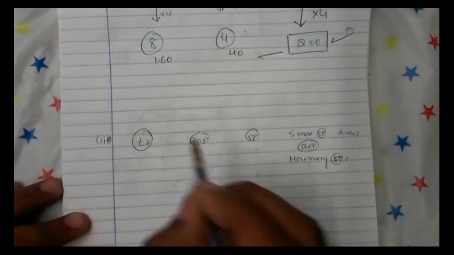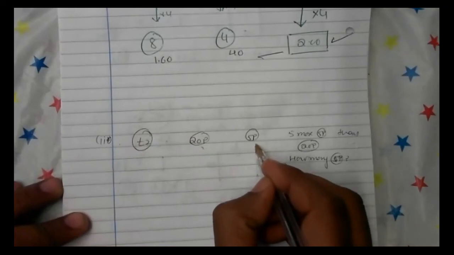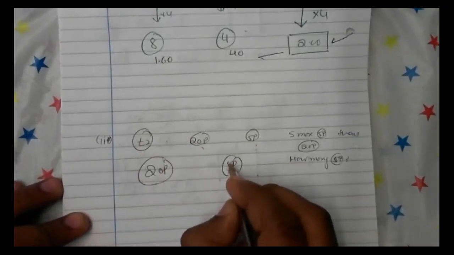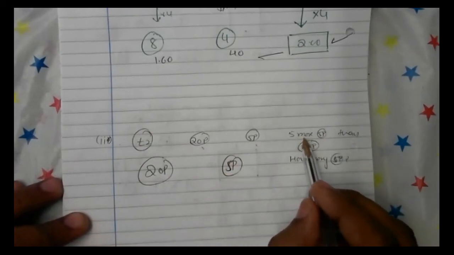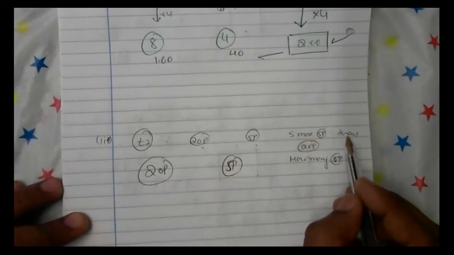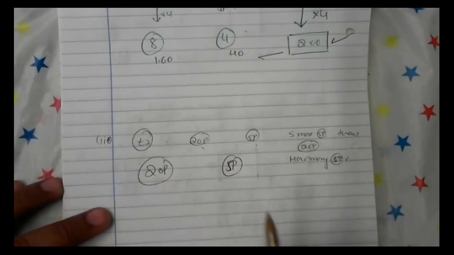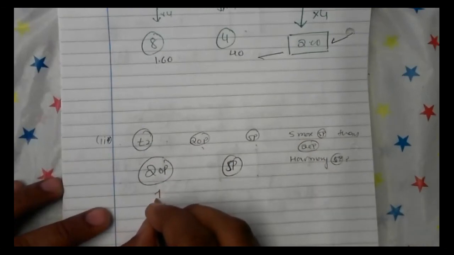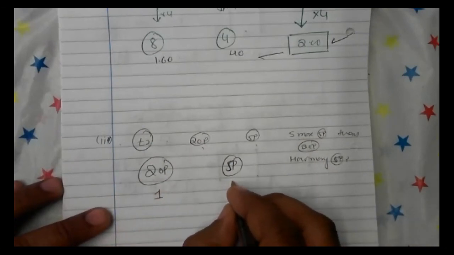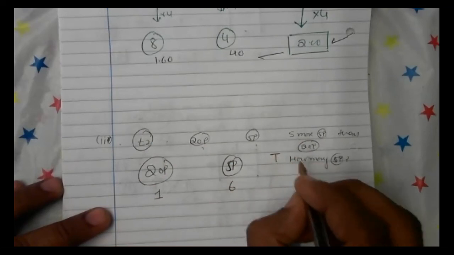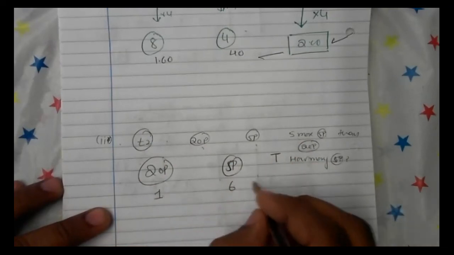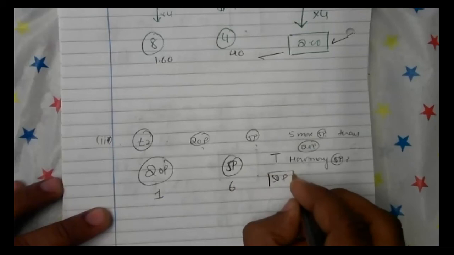Okay, £2 made of 20p and 5p coins, part 2. So 20p and 5p coins this time. It says it's got 5 more 5p coins than 20p coins. So if 20p coins is 1, 5p coins will be 6, and the total money would be 20 and 30, 50p at the end.